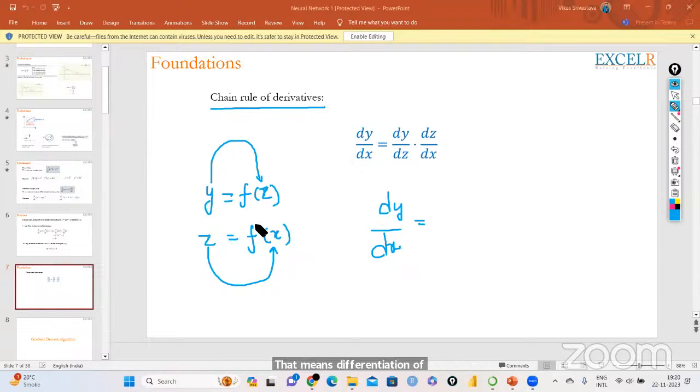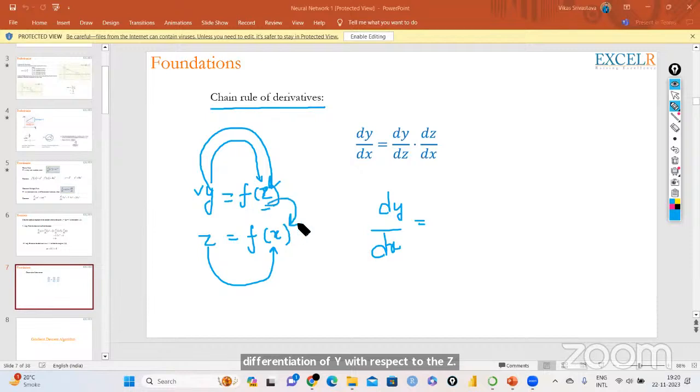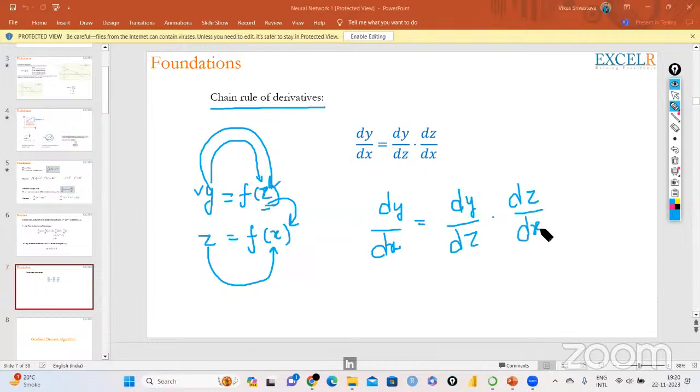But y is not a direct function of x. y is a function of z, and z is a function of x. So here comes the chain rule of derivatives: first take the differentiation of y with respect to z, and then take the differentiation of z with respect to x. So that will be dy by dz into dz by dx. Right? This is what we call the chain rule of derivatives.